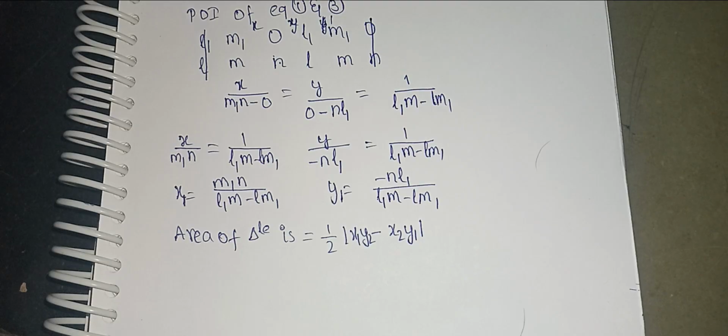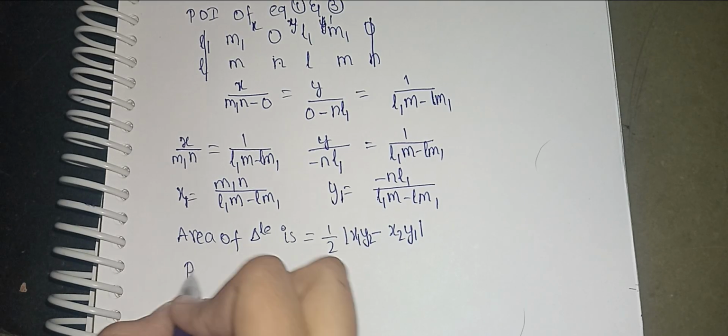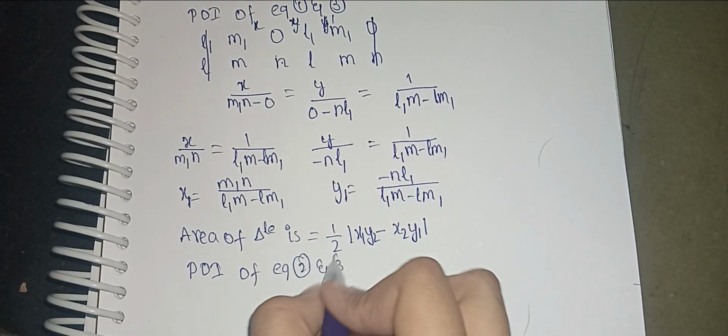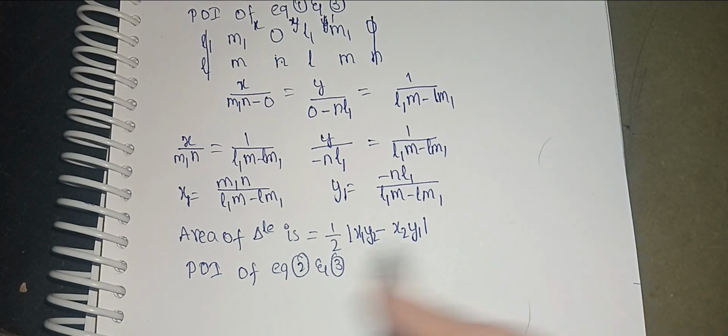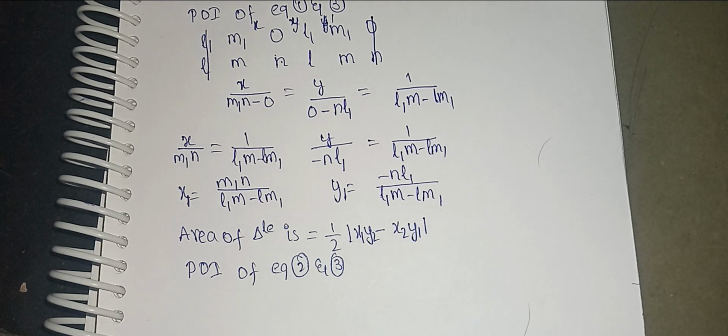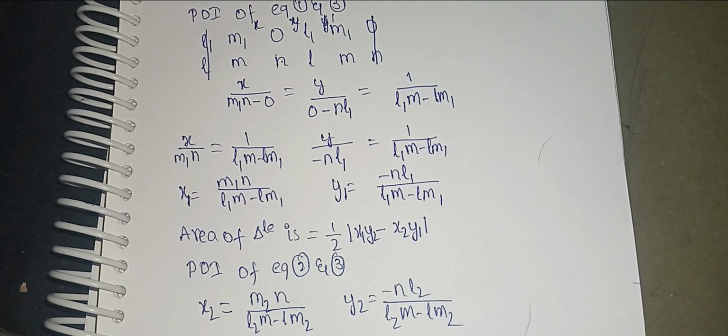Then you'll get a question, what is x2 and what is y2? It is the point of intersection of equation 2 and 3. I have told you how to do this. I hope you understand. Similarly, you have to do this. Now pause the video, do it and see if my answer matches with yours or not. This will be your answer. If you are not getting this answer, then please check your procedure to solve the question.